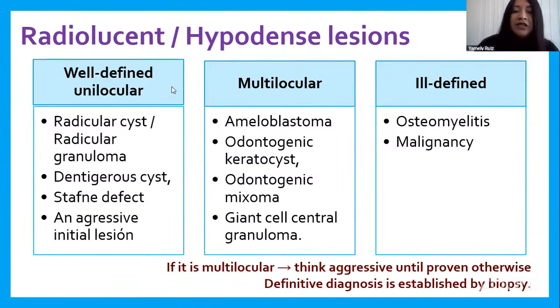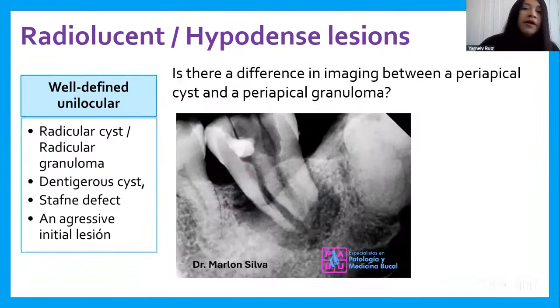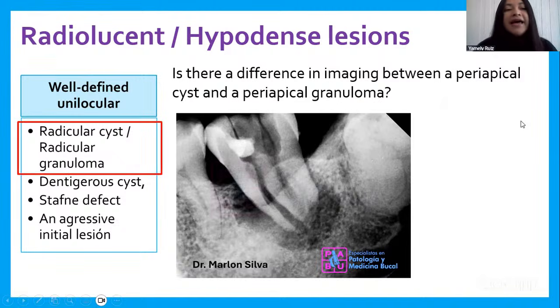But the definitive diagnosis is only established by biopsy. That is another point that is very, very important to keep in mind. In the well-defined unilocular group, we start with these two, radicular cyst and radicular granuloma.